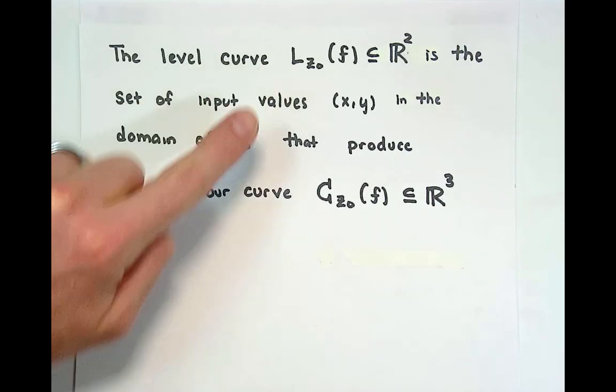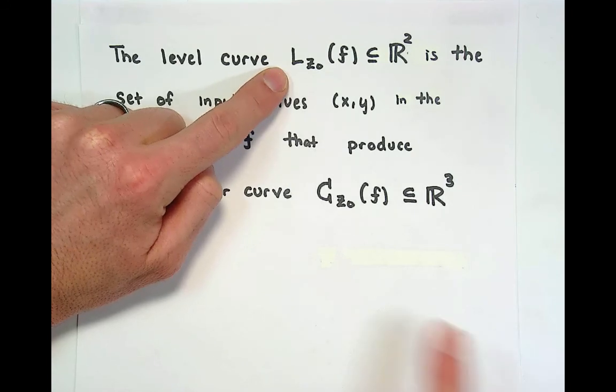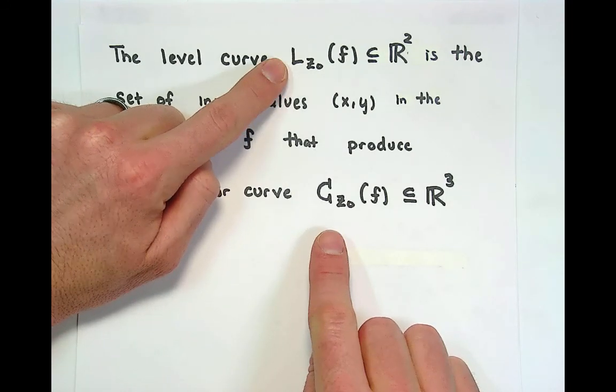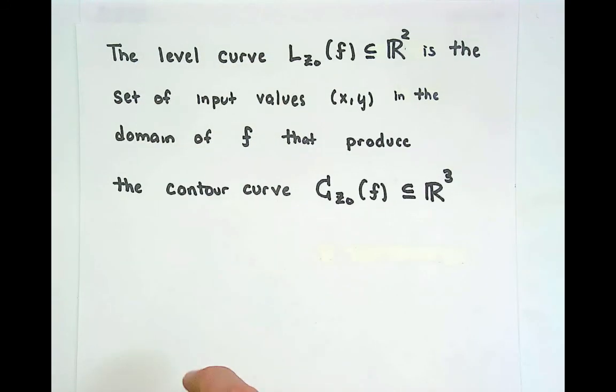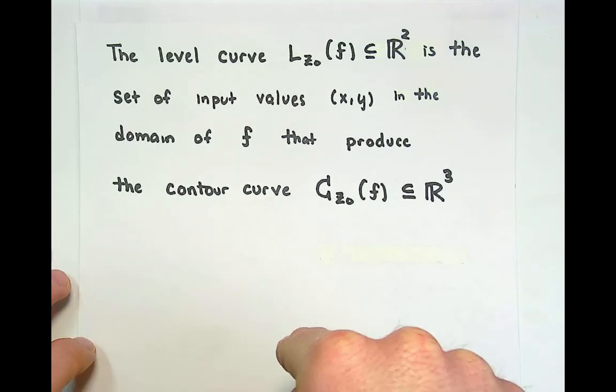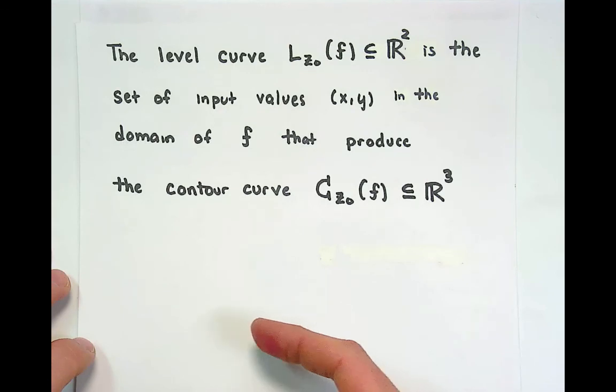So I like to think about these as the pre-image of our contour curves. They're the set of inputs that produce the contour curves. Another way to think about this is to project the contour curves down onto the xy-plane, and then to pretend that the xy-plane is not in R3, but instead just sits in R2.